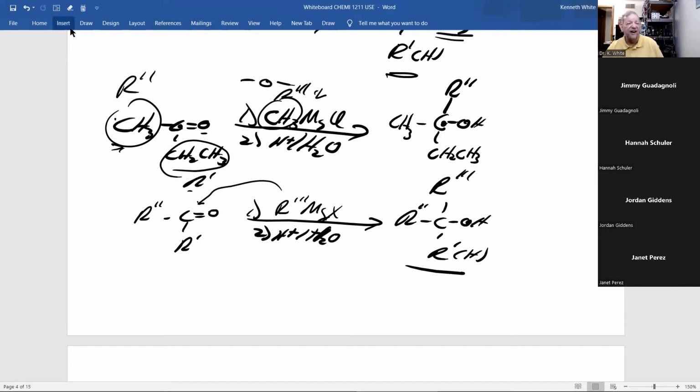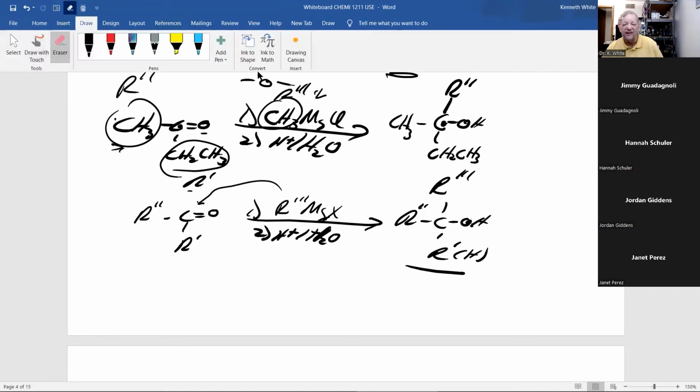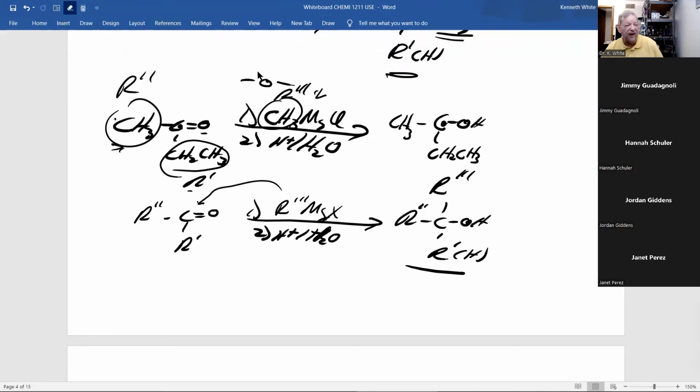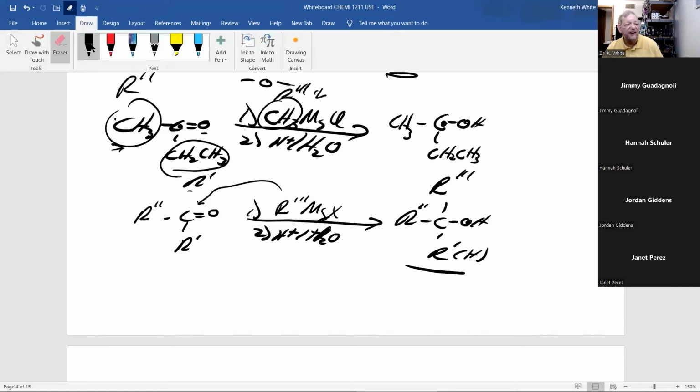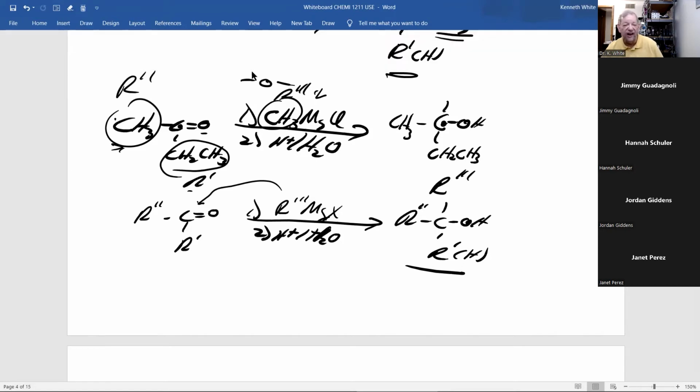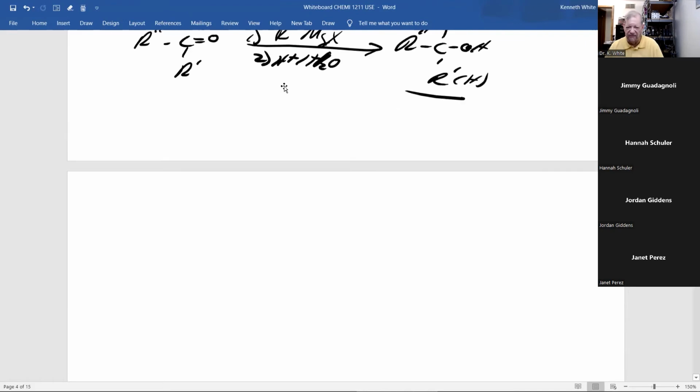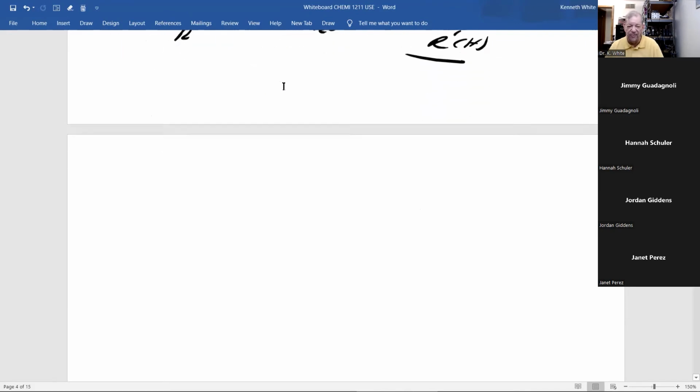I just lost my train of thought. It pulled out of the station without me. We have our R triple prime, and that's the methyl group. And notice here, I've made a carbon-carbon single bond, very special, very rare. And that's how you do it.